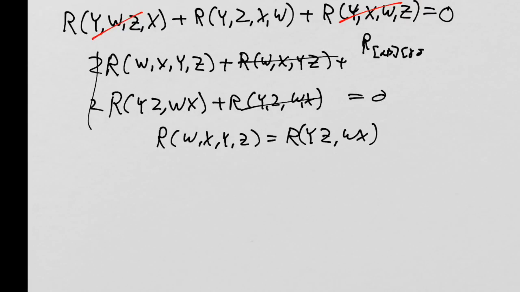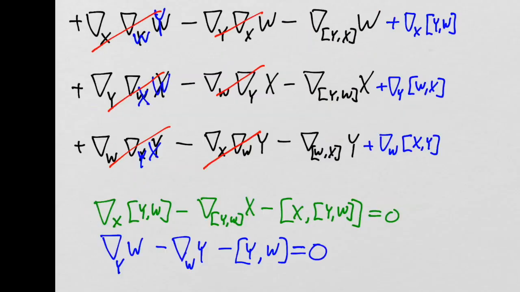So now if I convert that into the notation of components, it becomes R alpha beta gamma delta equals R gamma delta alpha beta, right? Okay, so I think we're done.